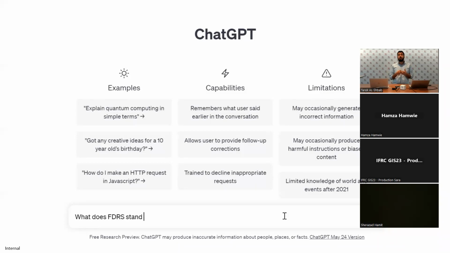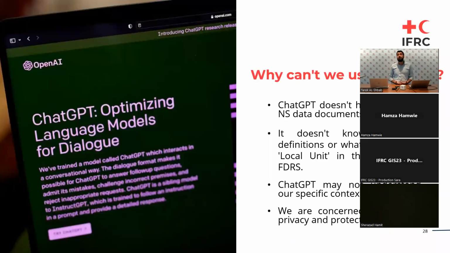And that's normal for ChatGPT to not understand what we are talking about, because simply, the AI model is not trained on National Society documents. ChatGPT doesn't understand this kind of information because it doesn't know it from the beginning.